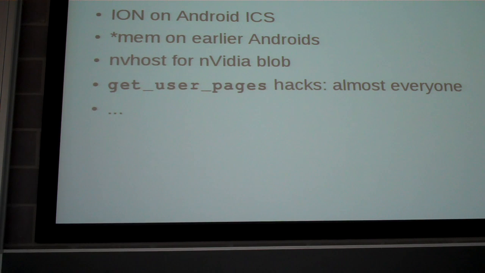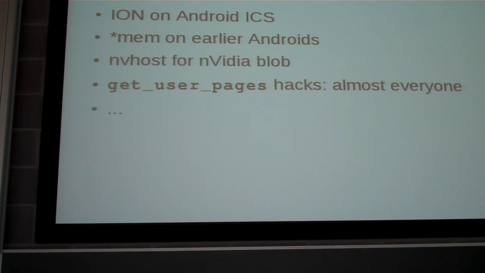We have get_user_pages hacks, which take some random user space memory and make a buffer object out of that. Almost everyone uses that. There's Video for Linux support, and we have stuff for that under the name of UMP and DRM. So the thing is, there's no common solution.